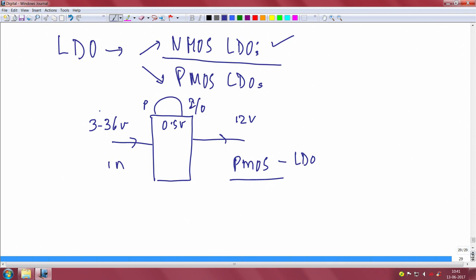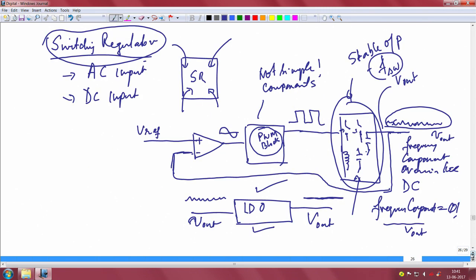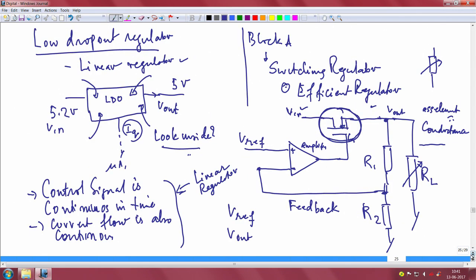In other words, if you go back to this picture, let me redraw the picture. You look at this picture here, this is typical of what you would call an NMOS MOSFET series element.